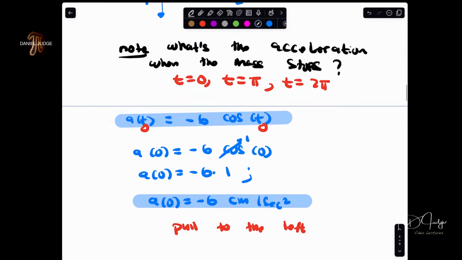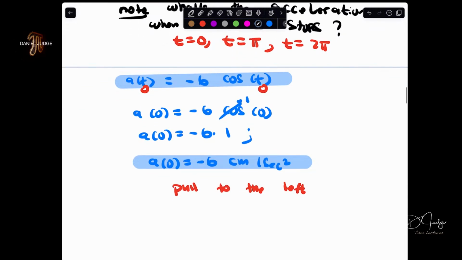Hey, what's the acceleration at these points? What's the acceleration when the particle stops? So you can see where it's being pulled, because acceleration is a push or a pull. So, you could check all those time values. You're going to get cosine in this case here. If we said, what about at pi? Because the particle stops at pi.